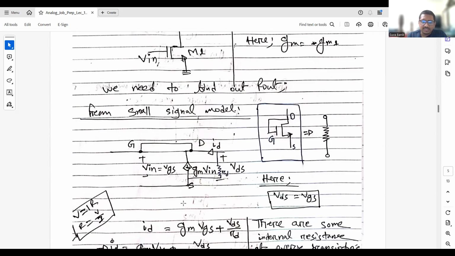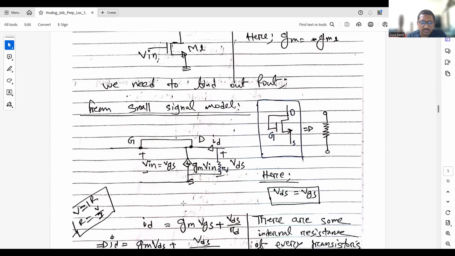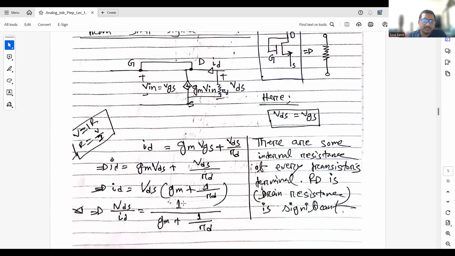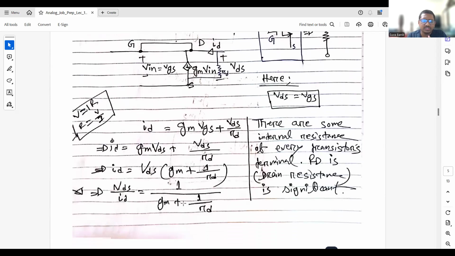And if we did a little bit of calculation, we can find that VDS by ID, which is nothing but resistance R, is 1 divided by GM plus 1 by RD.